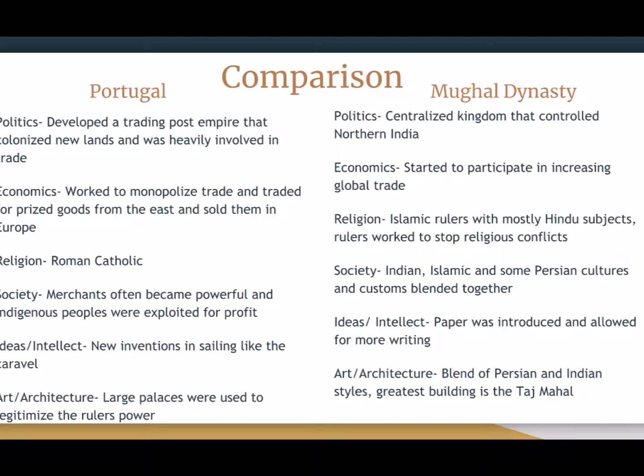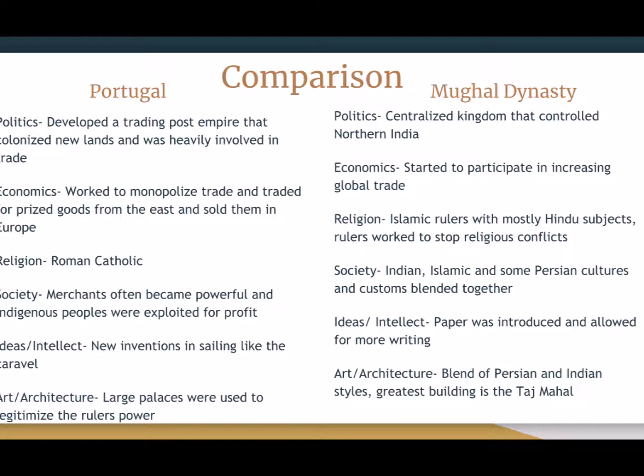In society of Portugal, merchants became powerful from the wealth they gained from trading, and indigenous peoples on these lands were exploited for profit. While in the Mughal dynasty, Indian, Islamic, and Persian cultures blended together. In Portugal, new inventions like the caravel were used to help them explore and find new trade routes.